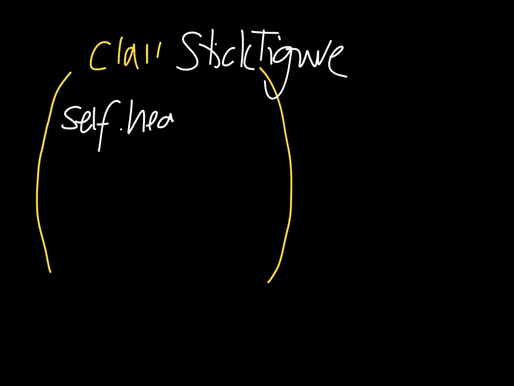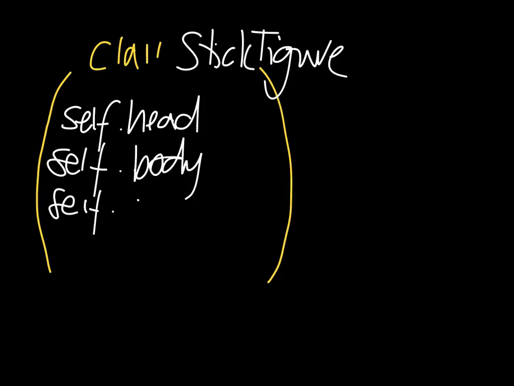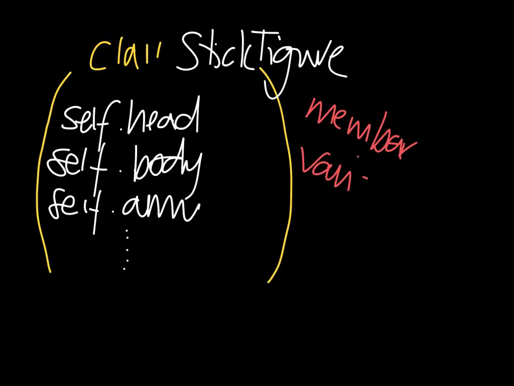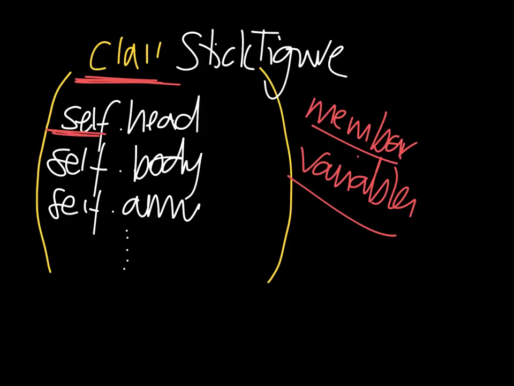Let's just say it's called self head, self body, self arms, etc. Now, these are what you call member variables. Variables that belong to the class. And it's this word self that binds these variables, head, body, and arms, to the class. Now, that might seem a little bit tricky, but if you think back on global variables, it's a little bit like the global variable.